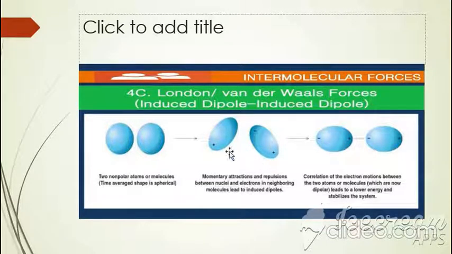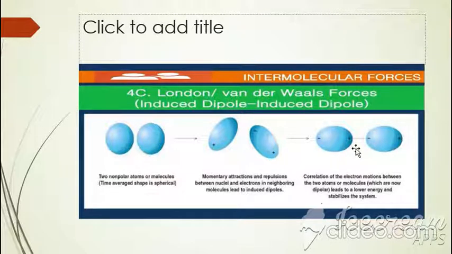When these two dipoles come close to each other, they are orientated. How are they orientated? The negative end attacks the positive end, and the positive end attacks the negative end.